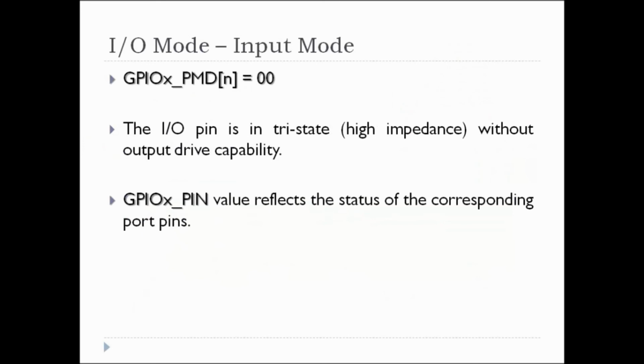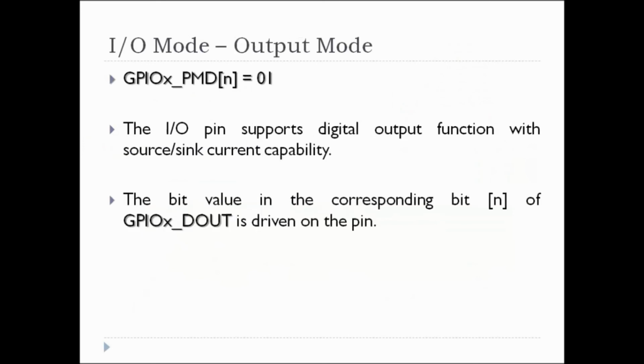And the GPIOX pin control register values reflect the status of the corresponding port pins. If you set the control register GPIOX_PMD equal to 01, then the IO pin supports digital output function with source or sink current capability.